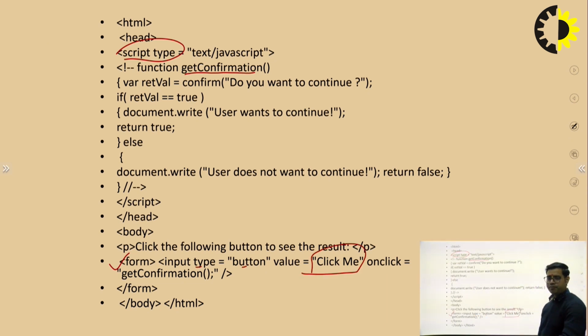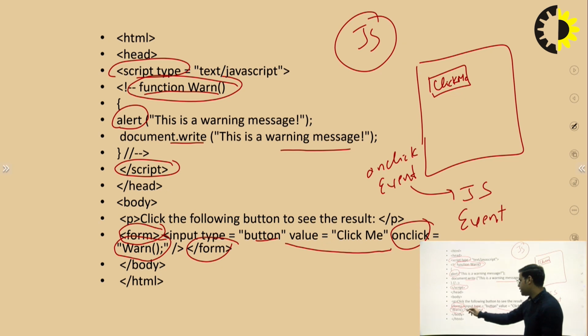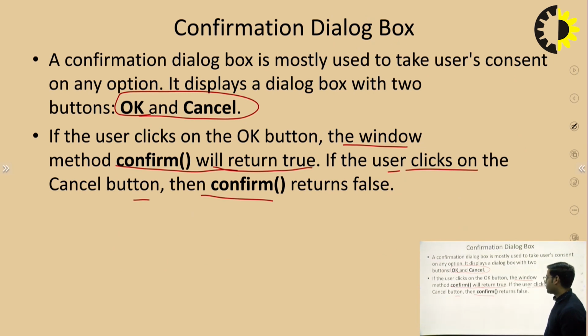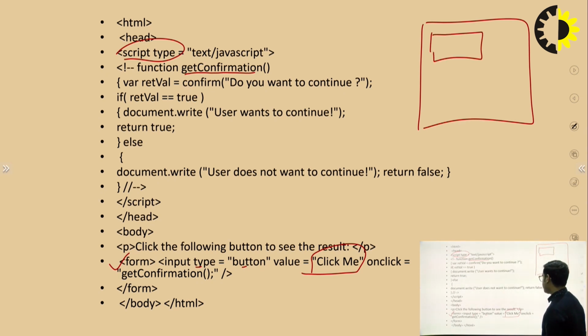This confirmation code is similar to the previous one, the alert box. As you can see here, inside the form we use the input button with the value Click me. Similarly, here in the browser screen, this is your button, and the value of the button is Click me.